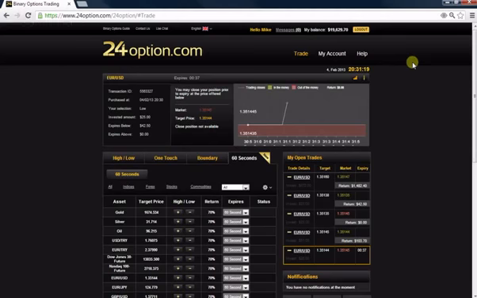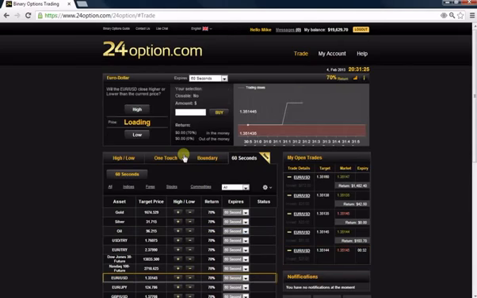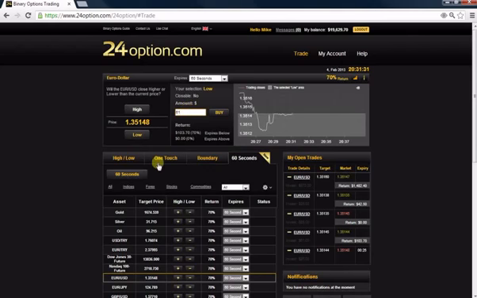you're interested in making more, what you can do is 24 options allows you to put in the exact amount that you want to invest. We're going to get our $61 trade ready. It allows you to enter in the exact amount that you want to trade. And what's good about that is that you get to choose how much your returns are going to be.